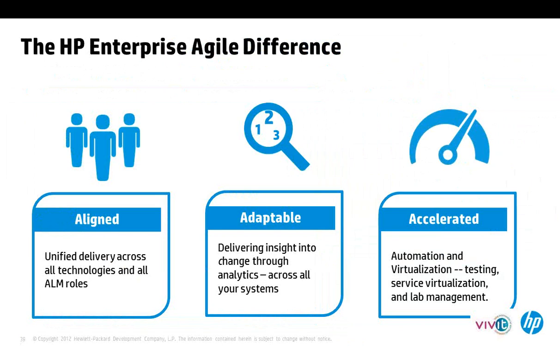HP as a vendor is not limited to a particular technology stack, but as you have probably known HP for years now, we are technology agnostic and support a wide variety of technology platforms, perhaps the broadest. And all the roles in the ALM organization, in the application delivery process, can collaborate and get aligned behind the single goal of achieving velocity and quality.